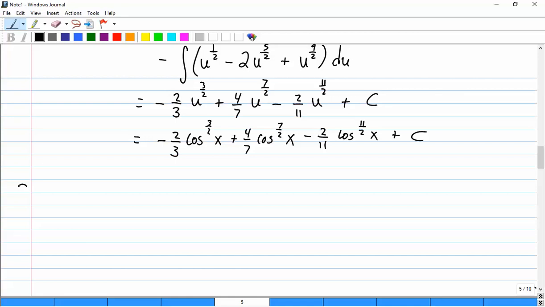That is our second case. So if we have the integral of sine of x to any power and cosine of x to the 2k plus 1 power, what does that mean? That means the power is odd and it's also going to be positive.